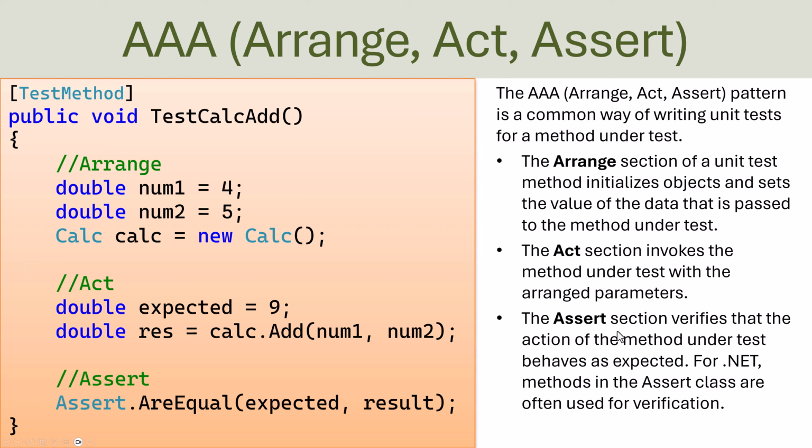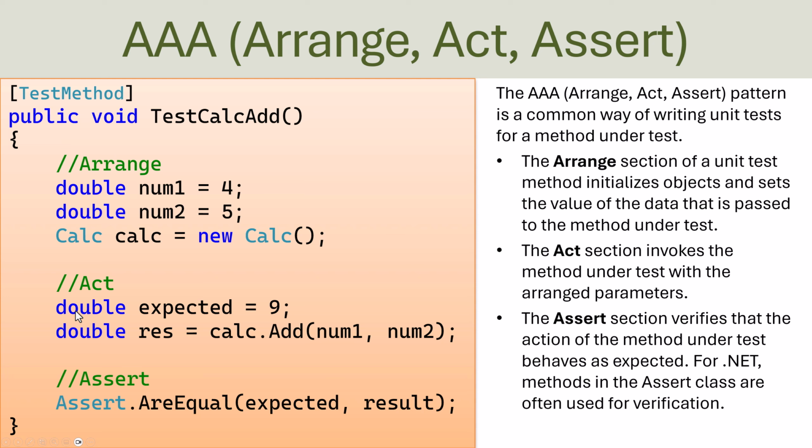It is also a good practice to use this AAA pattern, short for arrange, act, and assert. So then in our test method that I showed in the previous slide, we divide into arrange. Here we just define the variables and set some values. Then we create the object.